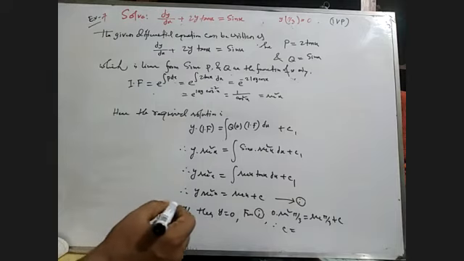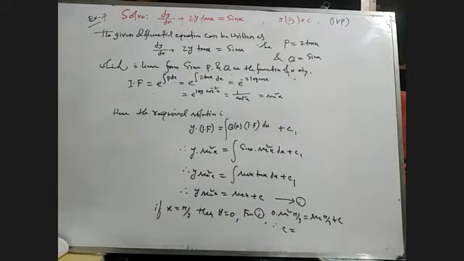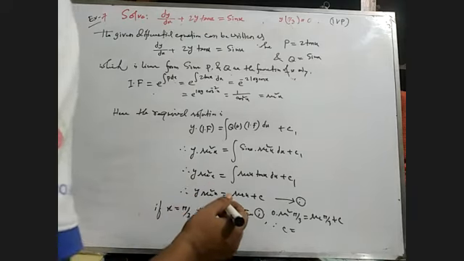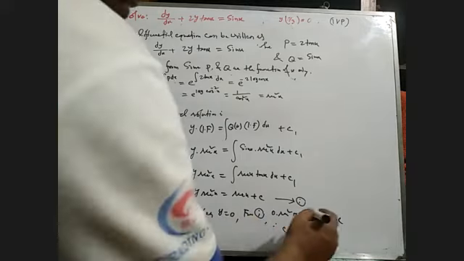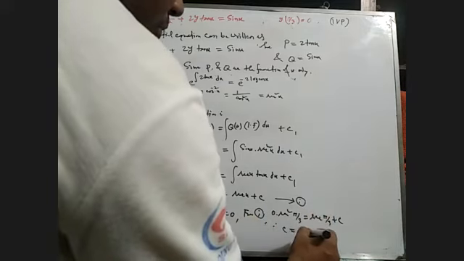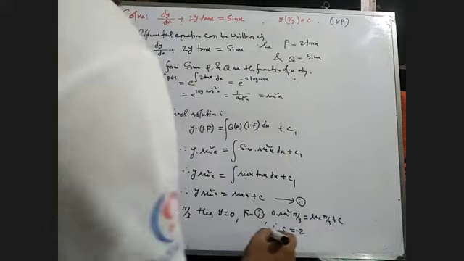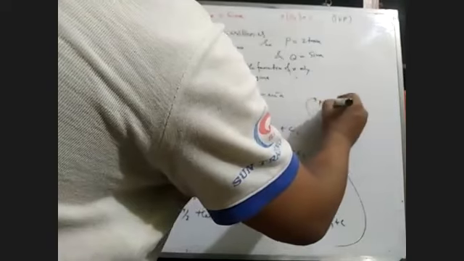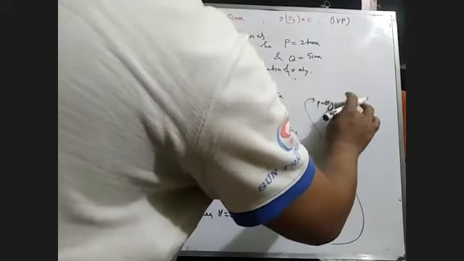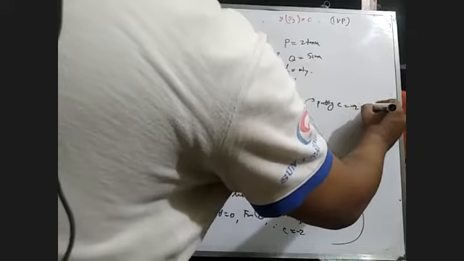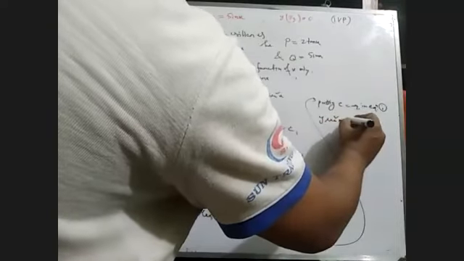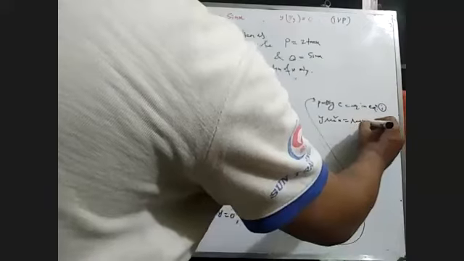Sec 60 degrees means 1 by cos 60 degrees, which is 1 by half, so only 2. And c equals minus 2. Putting c equals minus 2 in equation 1, y sec square x equals sec x minus 2.